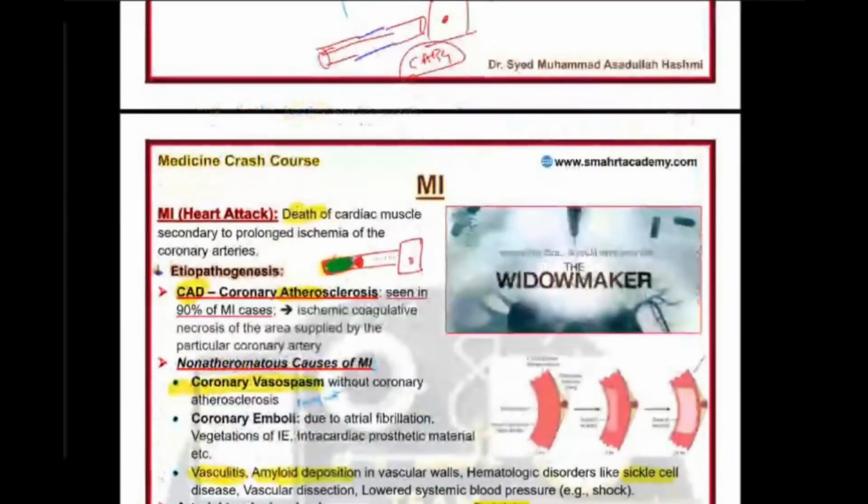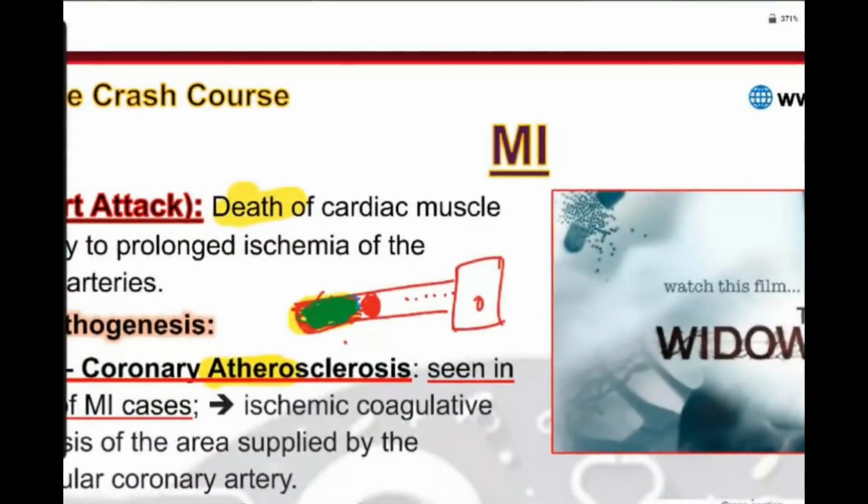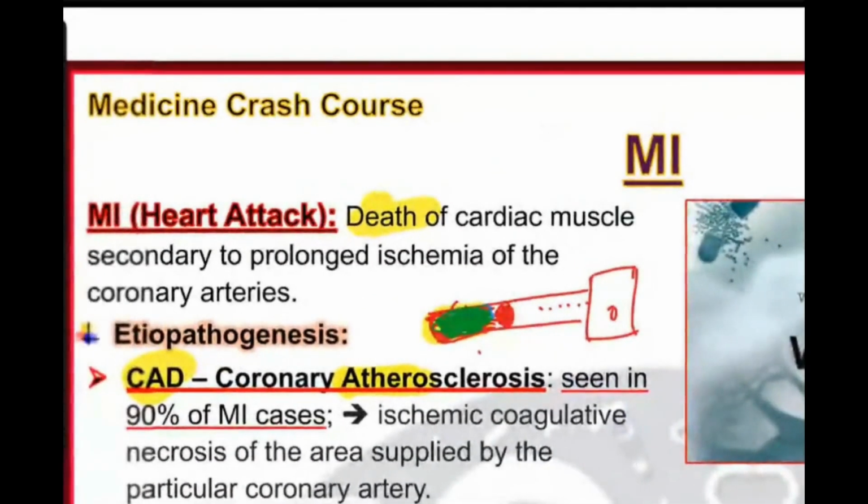How are you going to diagnose it? How do you diagnose the death of a tissue? You need a biopsy for that, right? I'm telling you what MI is: MI is death of cardiac muscle. How are you going to prove that cardiac muscle died? Anybody?